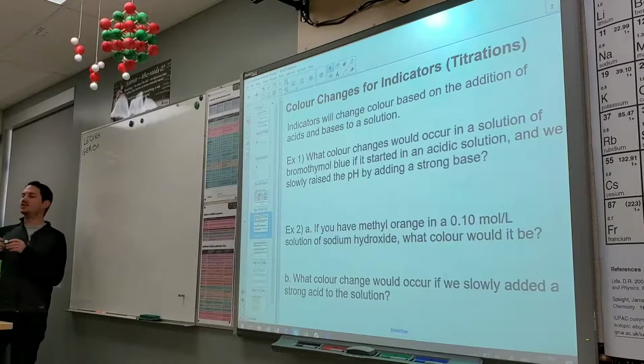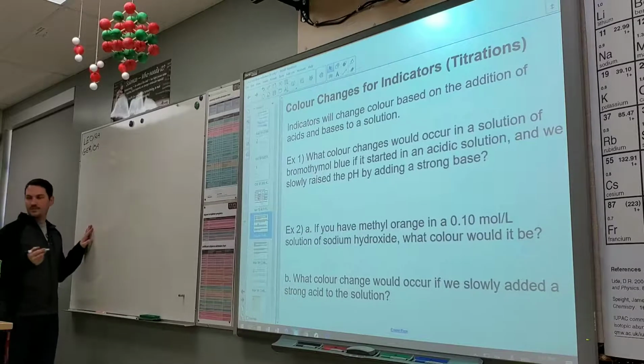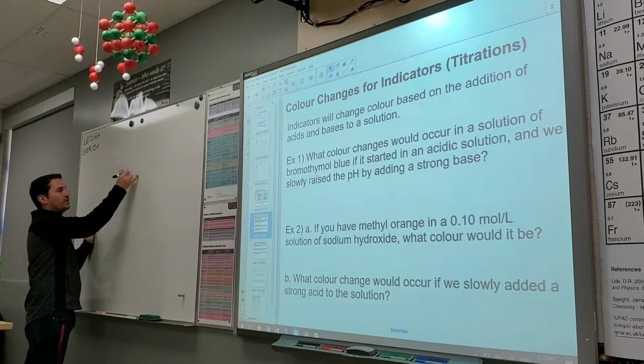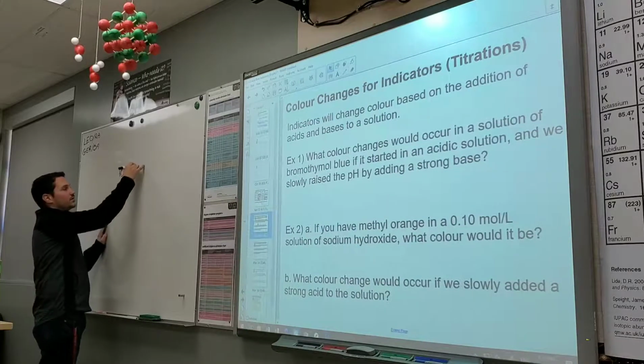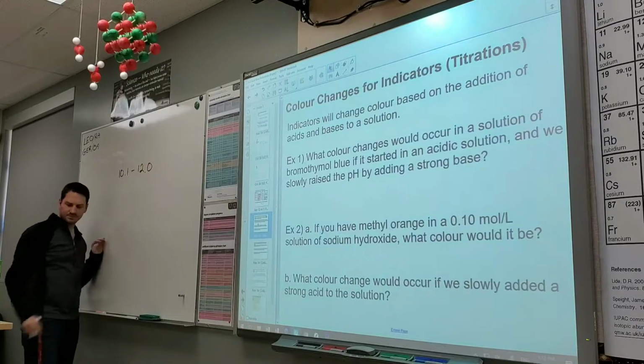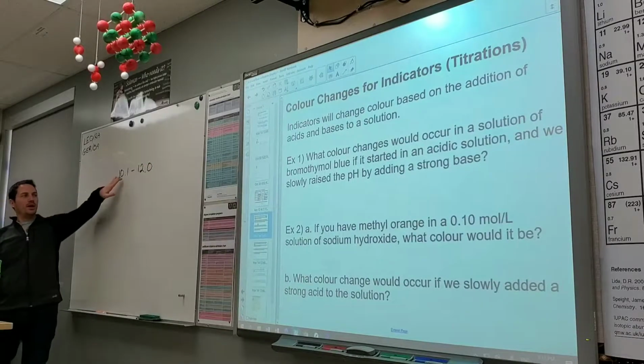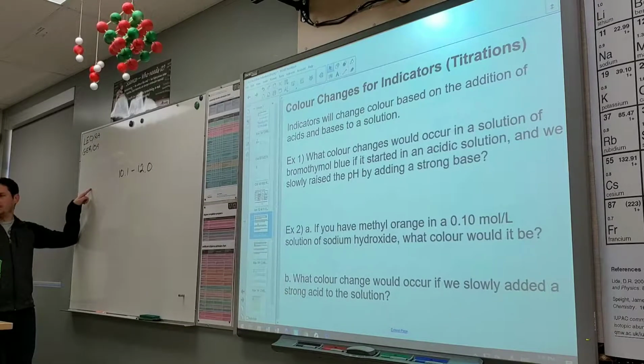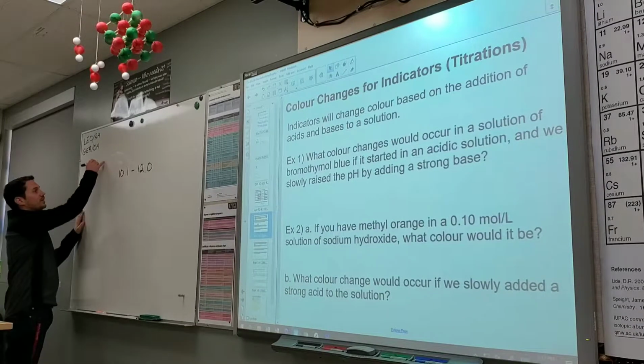So what's the pH range for alizarin yellow? 10.1 to what? 12.0. So let's think about this. If it's 10.1 or less, what color will it be? It'll be yellow.